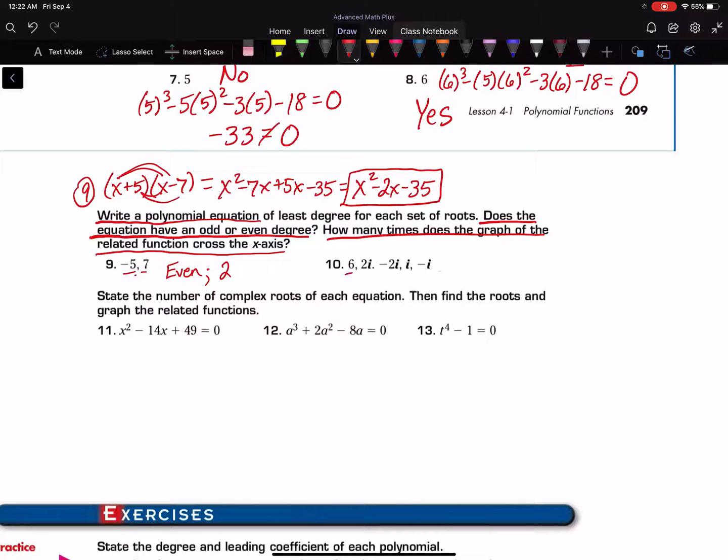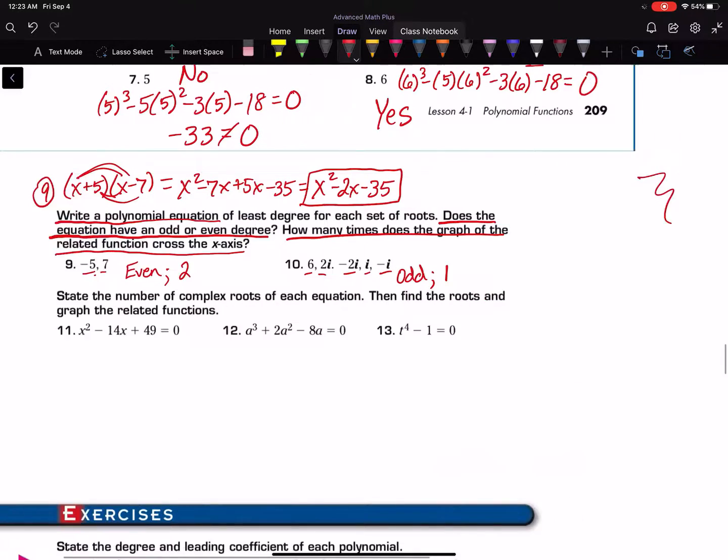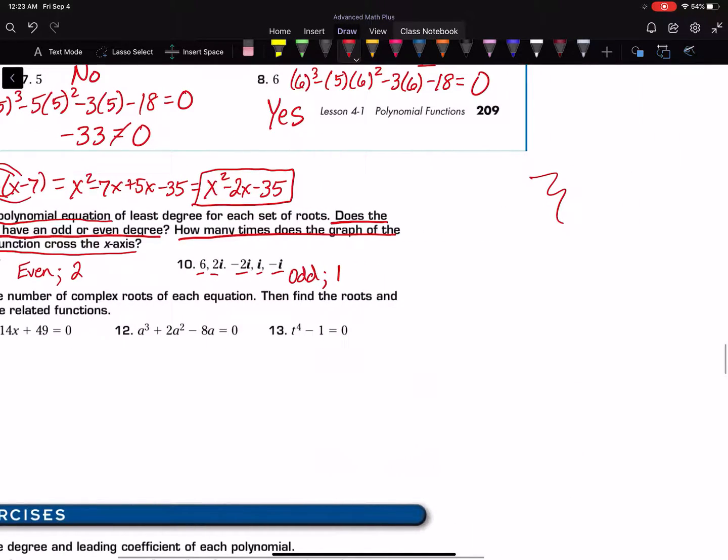Okay, 10 is a little longer, as you can see, but this first part again is very simple. It has 1, 2, 3, 4, 5 roots, so therefore it will be an odd degree. And how many of those roots are real? 6 is the only one that's real, so that will be crossing the x-axis just one time. And then to figure out the equation, we're going to plug them in.